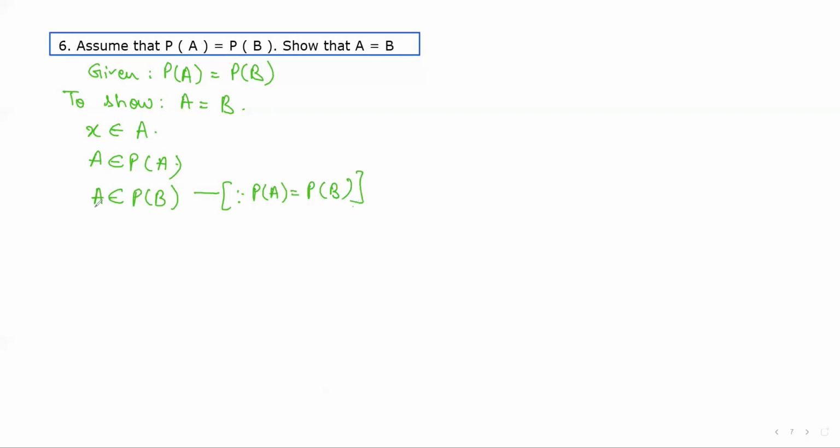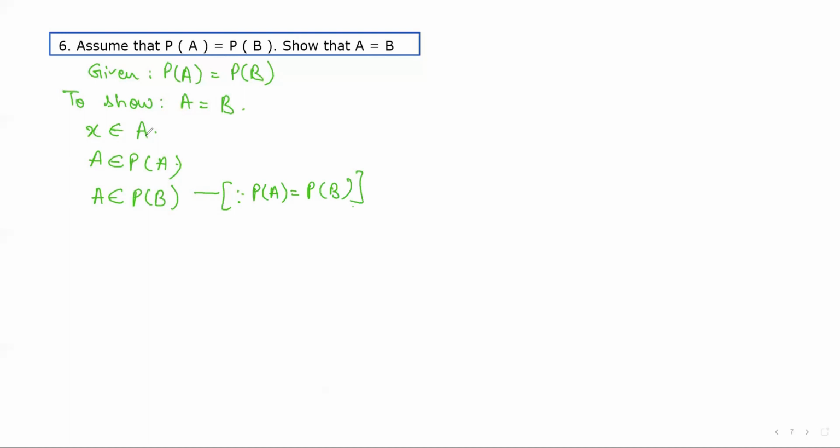Now you have A in the power set of B. So once again, if you consider any other element in the power set of B, then can you say that X belongs to that?